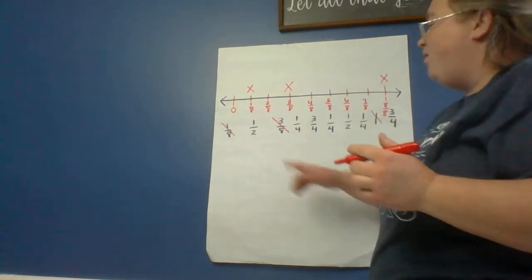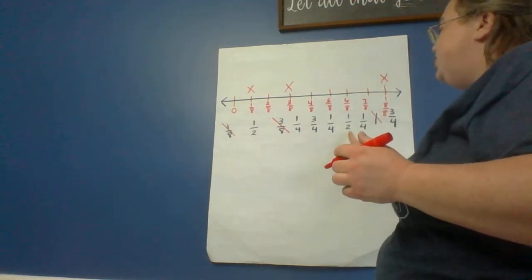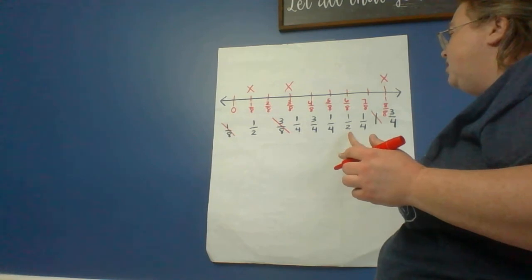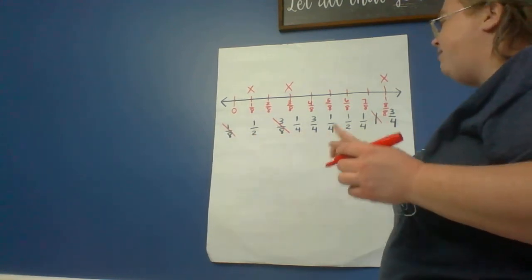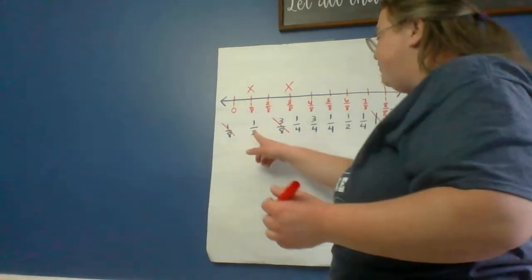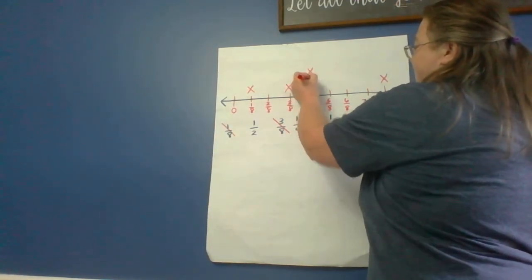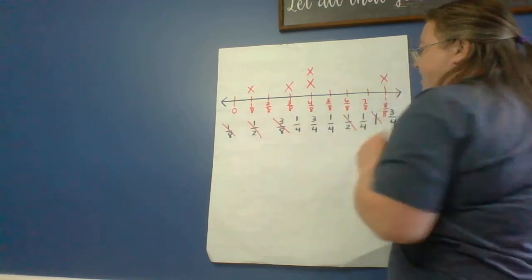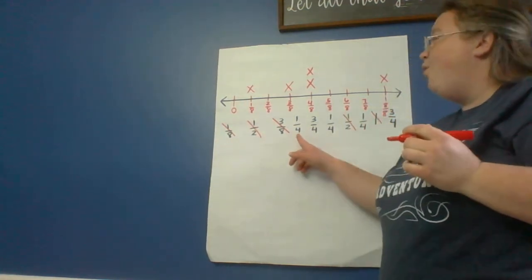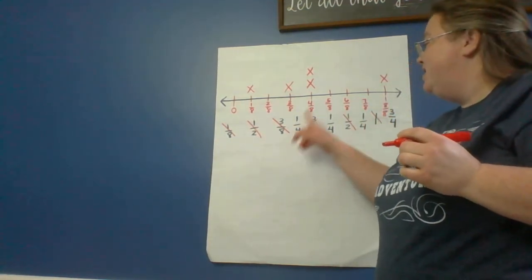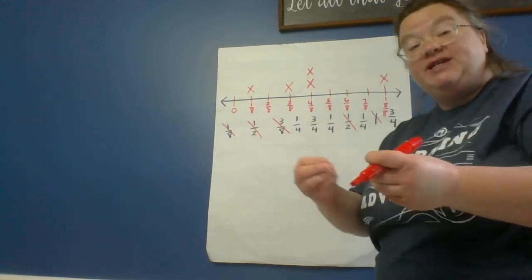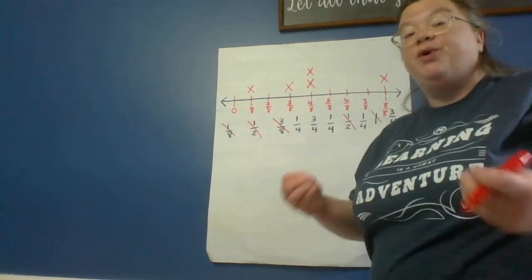Okay? Now, think about these halves. We just said that those are the same as 4/8. So I have 1, 2. So those are just going to go here. Okay? Now those are gone. Now, 1/4 is half of half, right? If I have 50 cents and I split it in half, I have 1/4, 1/4.